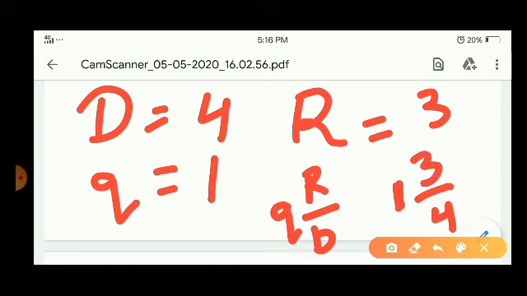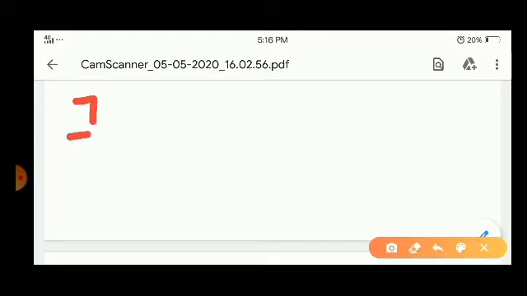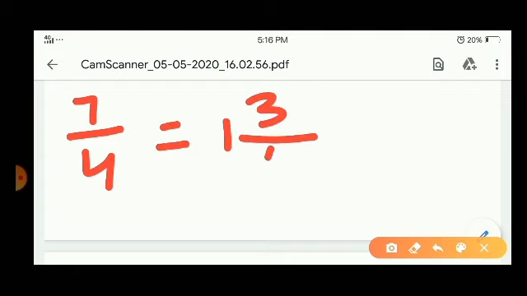So the mixed fraction has come, that is 1 3 upon 4. So you can come to know that 7 by 4 into mixed fraction is 1 3 upon 4, right?